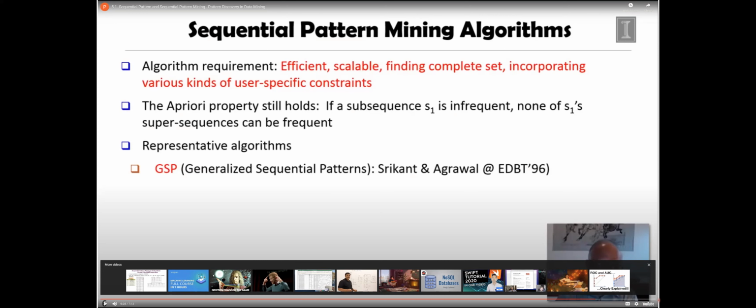So we will now consider multiple baskets in one queue or in one time scale, so in one sequence in this case. It's also an interesting pattern to look at besides association mining.